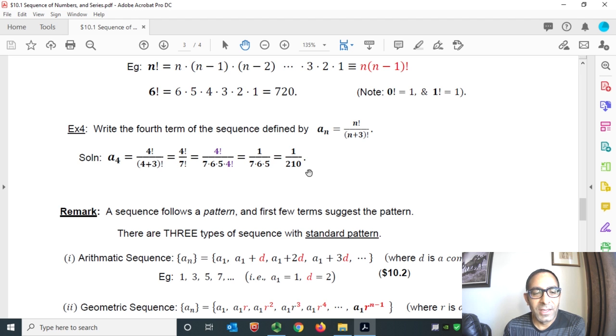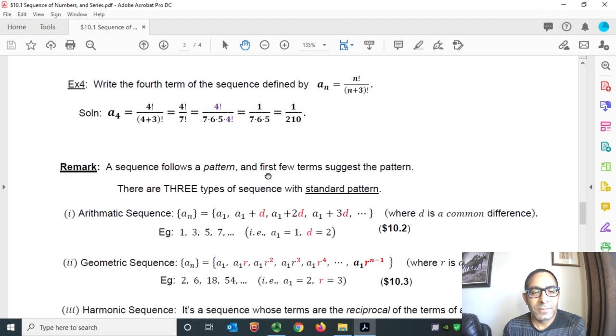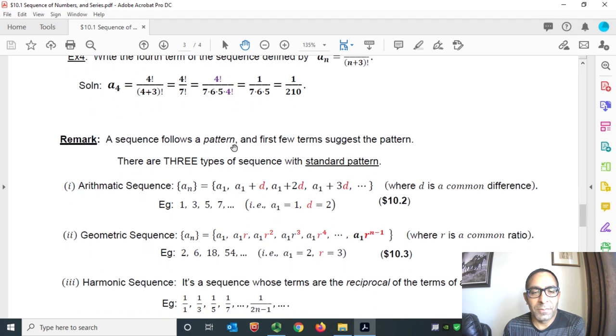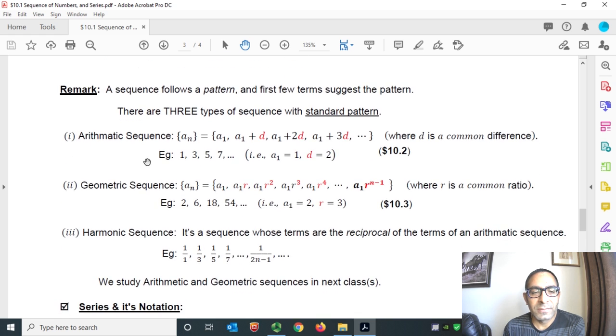Awesome. Quick remark. A sequence follows a pattern, and the first few terms suggest that pattern. There are three types of sequence with a standard pattern: arithmetic sequence, geometric sequence, and harmonic sequence.